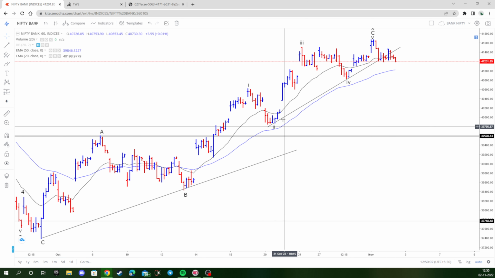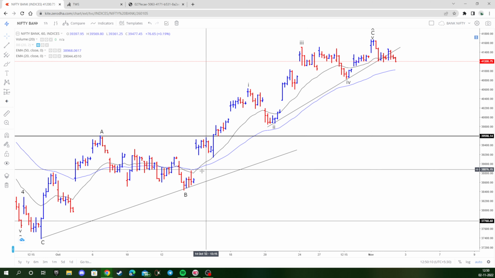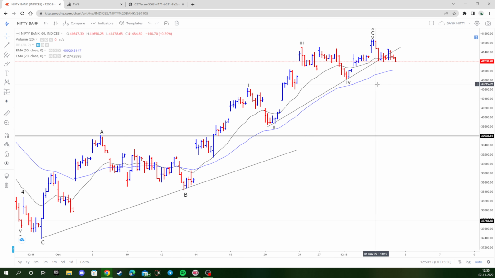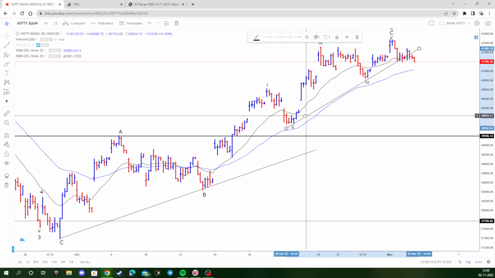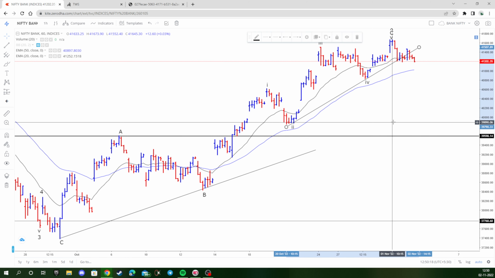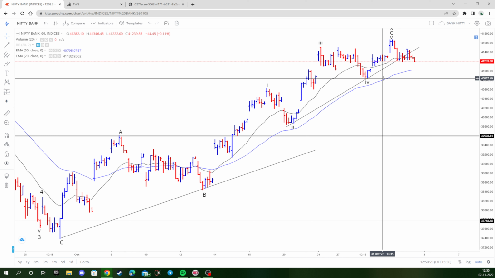This trend line guards the overall impulsiveness of wave C, and whenever you find a break below this trend line, the overall trend in wave C is about to end, and a move on the downside might start shortly.